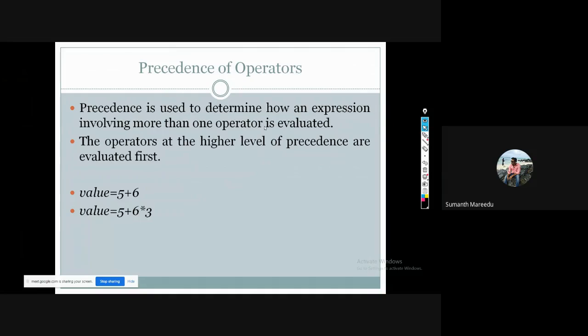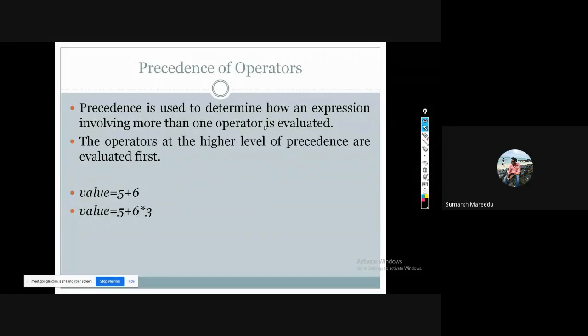We apply the operator which has high precedence, and the precedence of every operator is given by default in a programming language. C programming also has a precedence table, and the operators are evaluated according to that table.